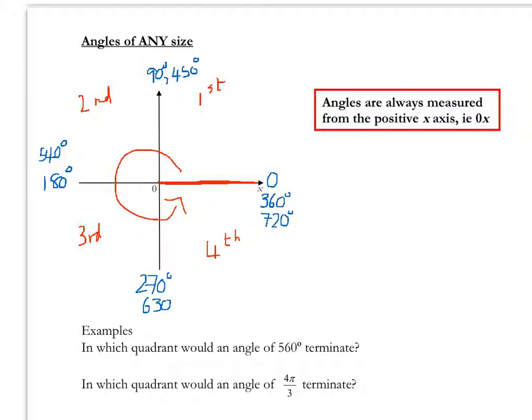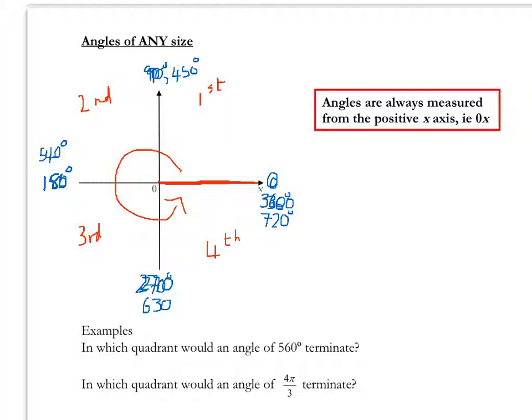So let's have a look at the 2 examples that we've got. In which quadrant would an angle of 540 terminate? Looking at our quadrant system again, it starts off at 0 degrees, then goes to 90, 180, 270 and 360.